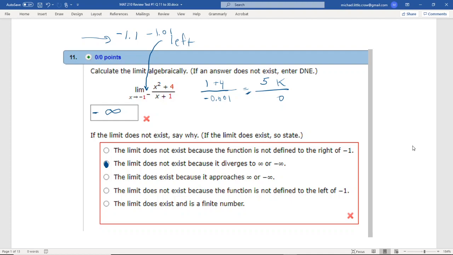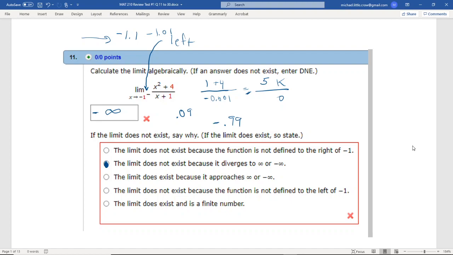Okay. Now if it was coming from the right, we would be approaching it at something like -0.9, so we're getting close to -1 from that side. So we would be getting close to -1 at say -0.99999. So we're getting closer and closer to -1 from this side, which is a little bit larger, so it would give you actually a positive in the bottom.